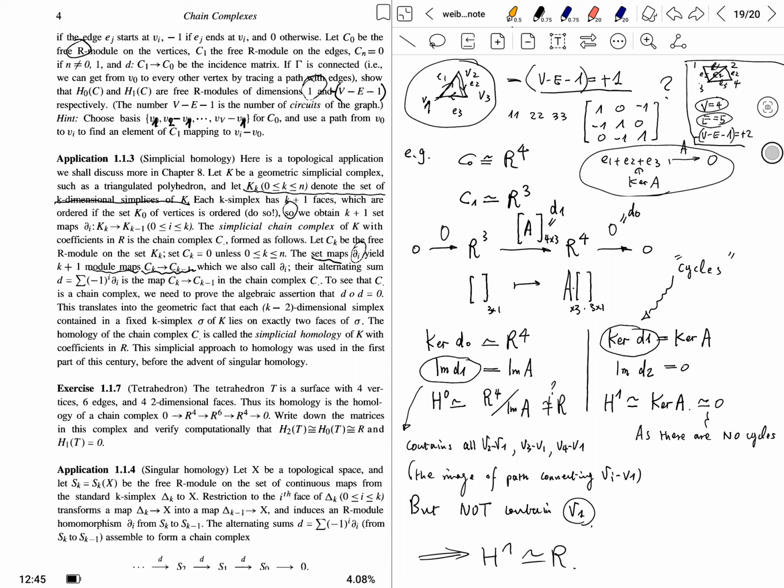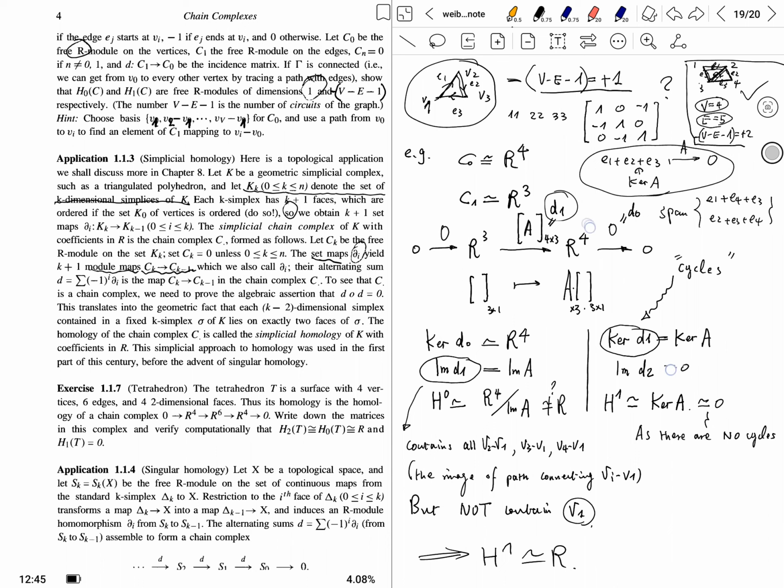Actually this H1 will have dimension 2 because you have 2 circles, which means the kernel is generated by E1, I haven't fixed the orientation, and E2 plus E3 plus E4. Maybe the sign is not correct. The span of these linearly independent elements generates the kernel in this case. I'm really just giving the general idea. So the kernel of D1 is the number of circles. In our case, it's 0.